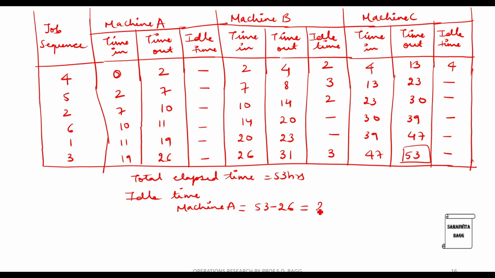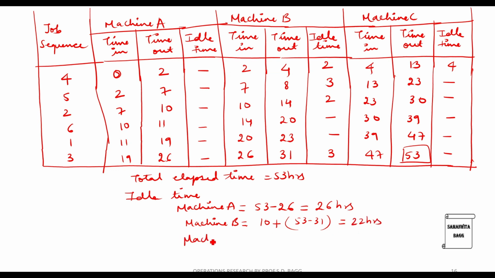So this becomes 26 hours. For machine B, this is 10 plus the difference between 53 and 31. So this becomes a total of 22 hours.